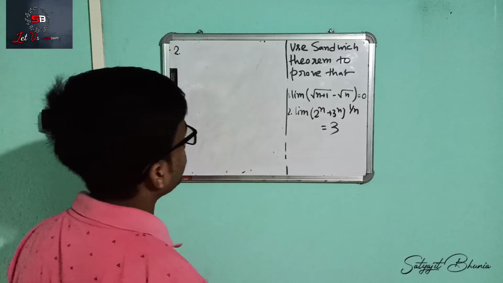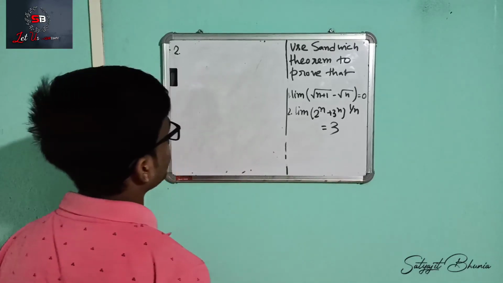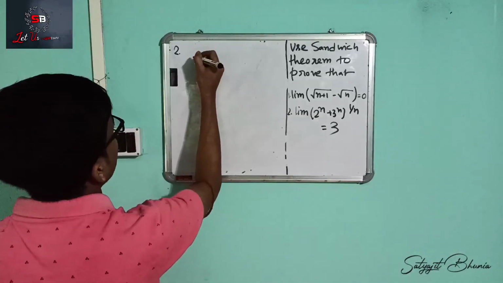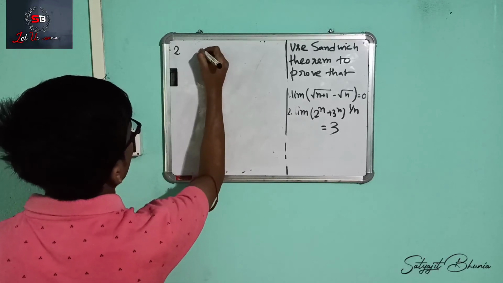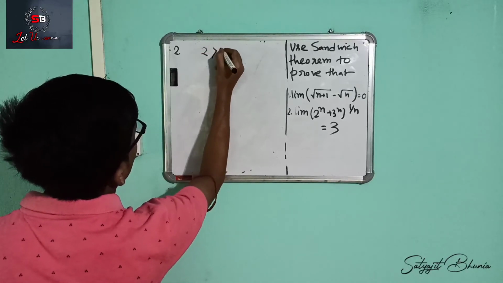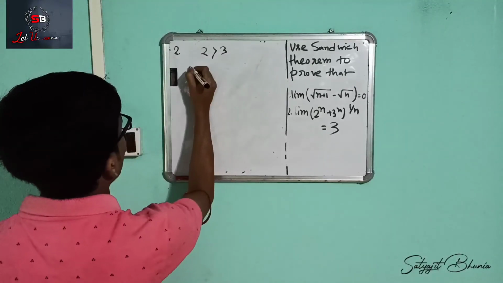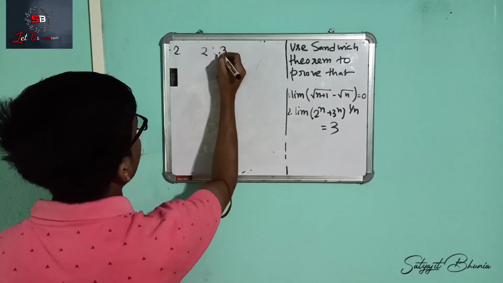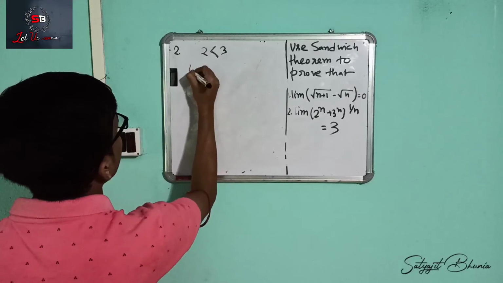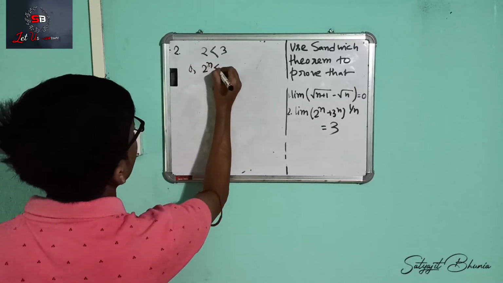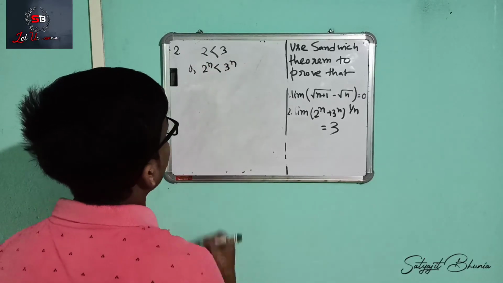Again, number 2: 2 is less than 3, or 2 to the power n is less than 3 to the power n.